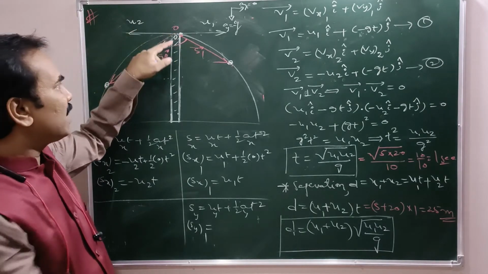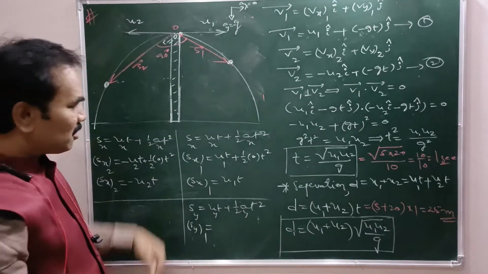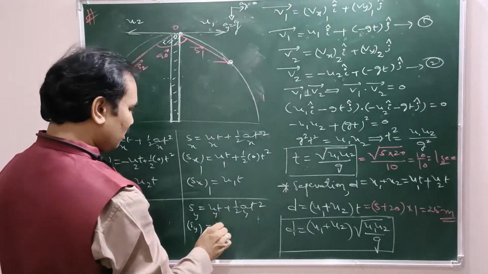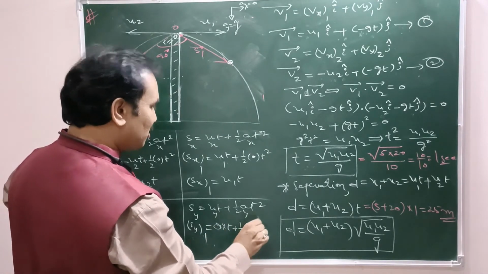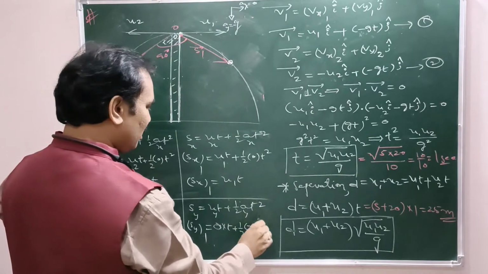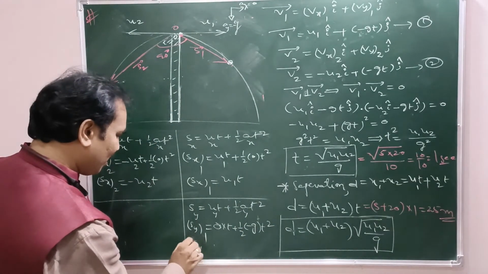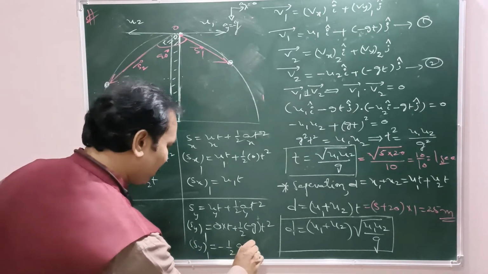Why? Because entire velocities are given along horizontal. So initial vertical velocity is 0 for both projectiles. 0 into t plus half into ay, which is minus g, into t square. That is Sy1 equal to minus half g t square.